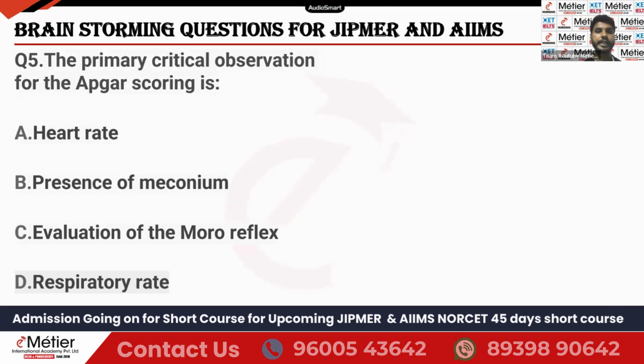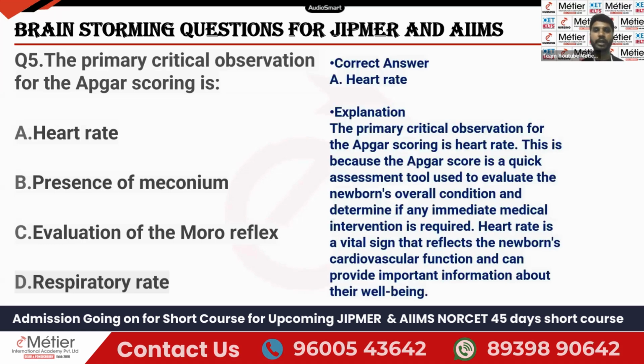The primary critical observation for the Apgar score is what? So already we have seen the Apgar score in the previous sessions. So here the question is, the primary critical observation goes to which? Heart rate, presence of meconium, evaluation of the Moro reflex, respiratory rate. Tell me. Most of us think that it goes to the respiratory rate. No, it goes to the heart rate.